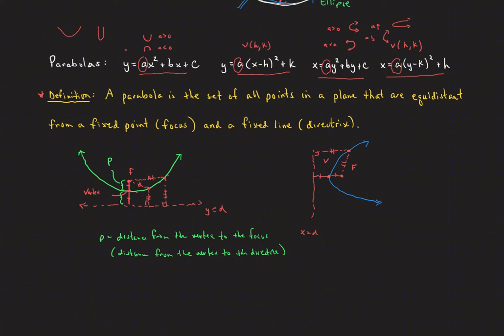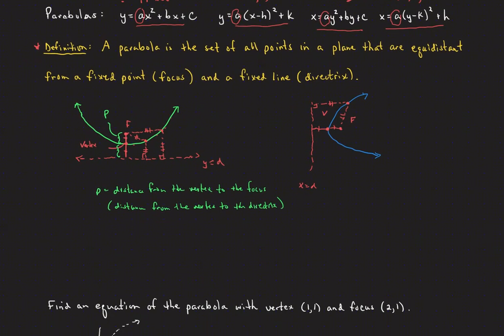The rest just moves it in the plane, so its vertex may be in a different place than the origin. But the key relationship is that a, the coefficient of x squared that determines the shape, is 1 over 4p, where p is the distance from the vertex to the focus.